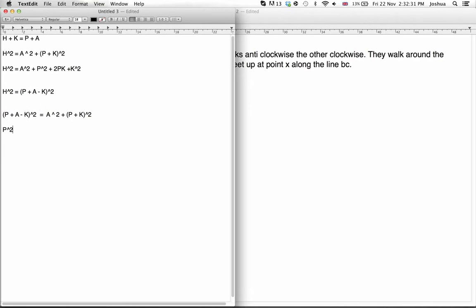So we've got P squared. There should be 9 terms, shouldn't there? P squared, PP, then PA. There should be 2PA, plus 2PA, minus, and there should be 2PK.